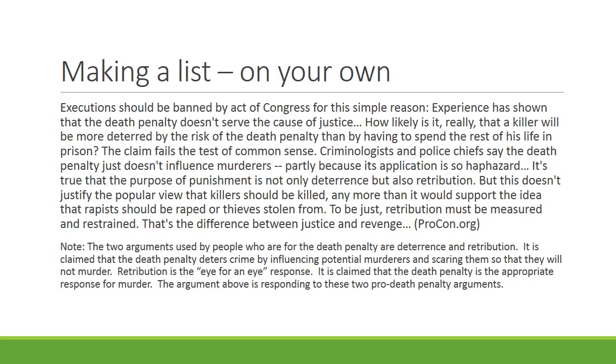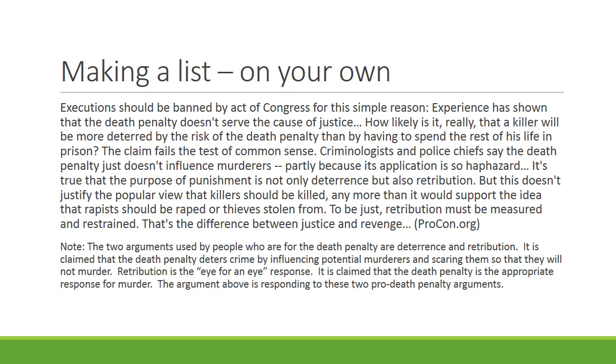I do have one little note there at the bottom just to make sure that we are comprehending this text. In the history of philosophy, there have been two major arguments given for using capital punishment, and those arguments are that capital punishment deters other murders and that capital punishment is a just retribution for murder.